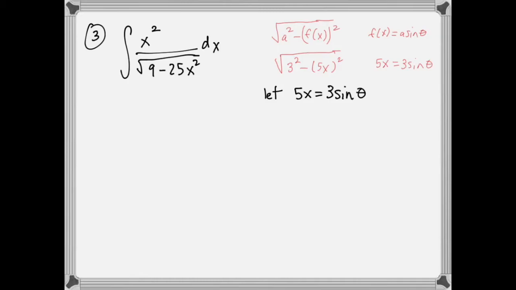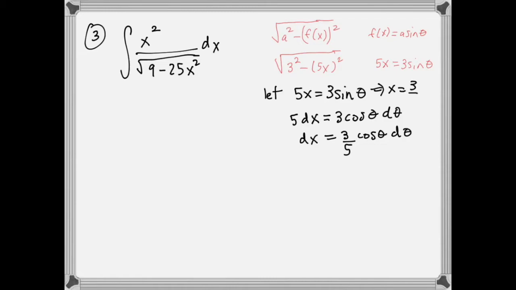Now, don't forget about the dx. In this case, we could get x by itself, but I could just take the derivative of both sides. I get 5 dx is equal to 3 cosine theta d theta, or dx is equal to 3/5 cosine theta d theta. Let's also remember what x equals here. X is the same as 3/5 sine theta, okay?